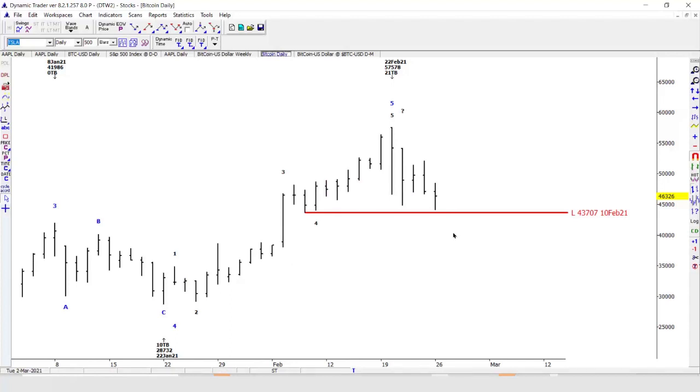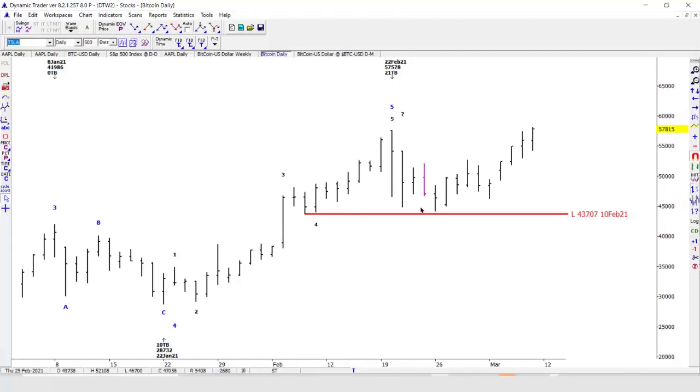So let's add some data onto this daily chart and see what it tells us as we add bar by bar onto the chart. Bitcoin never traded below what we labeled as a wave 4 low. Instead, it continued to a new high.